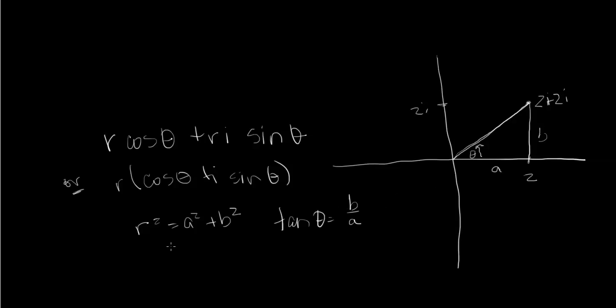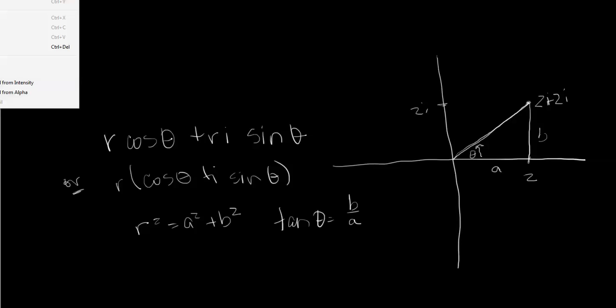So we're going to use summation to solve some problems. So if I give you this complex number, I know that this is my a value, this is my b value.